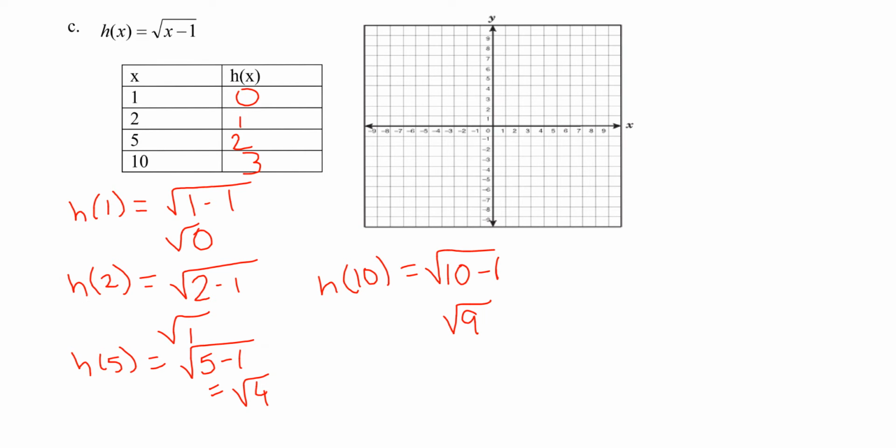And then we'll graph it. So we will have 1, 0. We'll go right there. 2, 1 goes here. 5, 2, and then we have 10, which is all the way out here, 3. And this is your graph of a radical. It's kind of like half of a parabola.